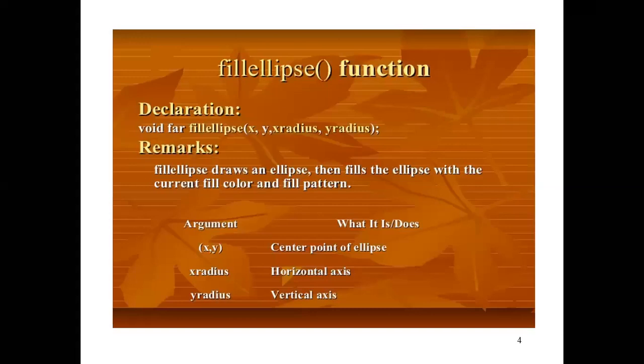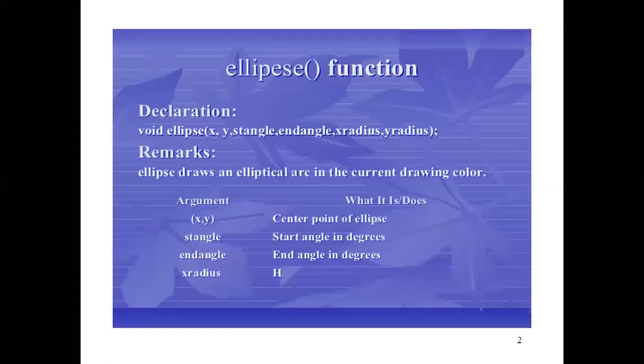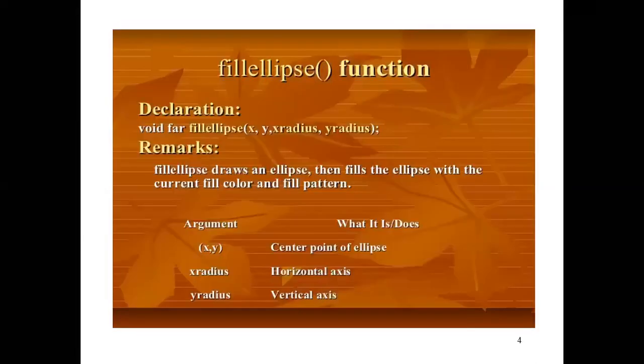Suppose we want to fill color in an ellipse. With the help of the ellipse function you can draw the ellipse only, and with the fillellipse function you can fill the color. Here again, this is the syntax for filling the ellipse.